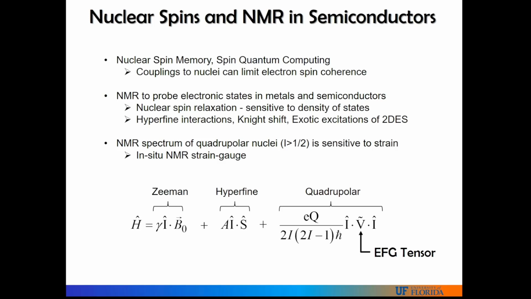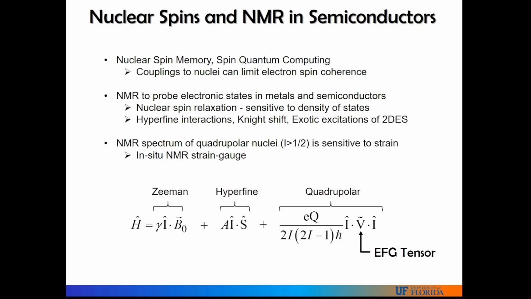Nuclear spin relaxation is sensitive to the density of states. And the hyperfine interactions, Knight shifts, can indicate the electron spin polarization and spin density, and can be used to probe exotic excitations of 2D electron systems in the quantum Hall regime, such as the skyrmion excitations.